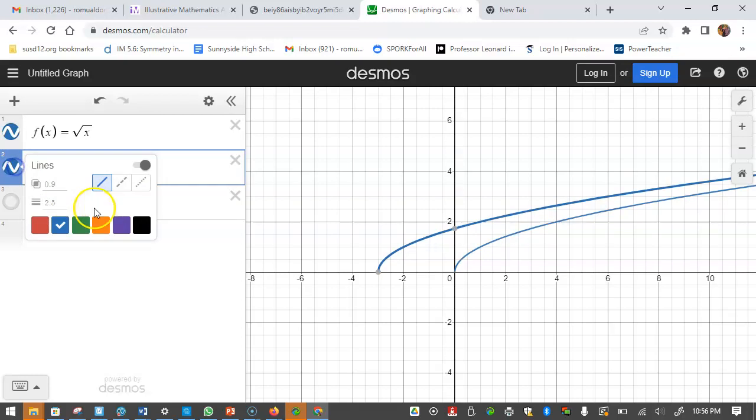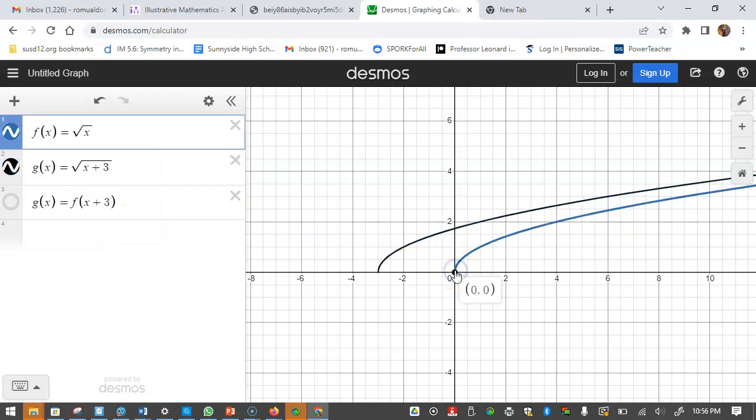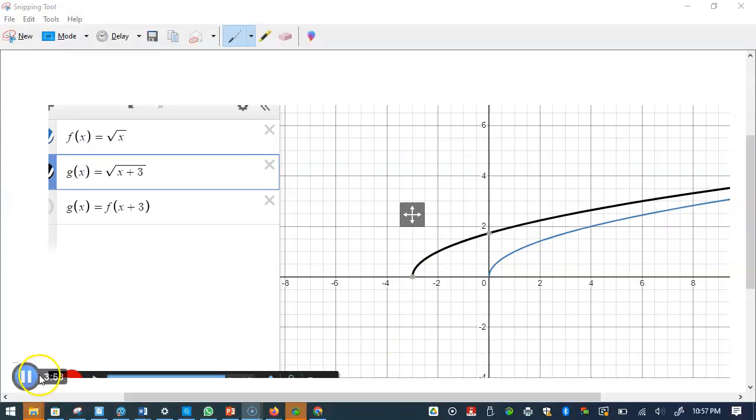Clearly, the blue graph starts at 0, 0, so x is 0. This 0 gets shifted to minus 3. So when the input is minus 3, the new function g of x, the original function is 0, 0. That's the f graph. And this point is minus 3, 0.